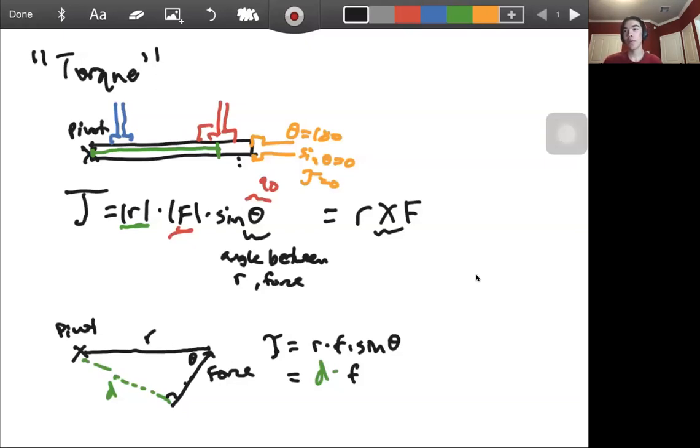So you can regain that perpendicularity by just dropping an altitude. And dropping altitudes is really nice.